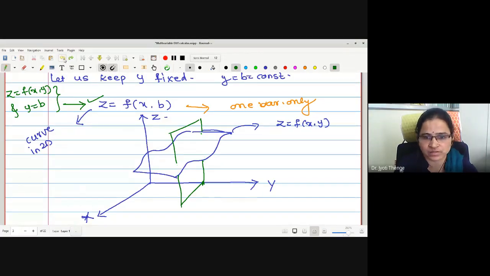Let me draw big dots. Okay. Now we will take the intersection of a surface and a sheet. What will happen? What kind of sketch we will get? Is it of the curve type?